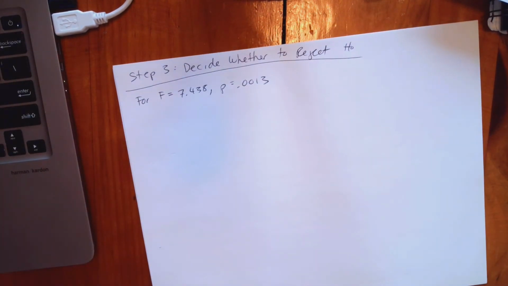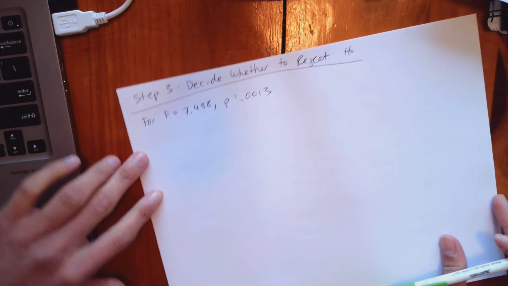In other words, there is a 0.13% chance that we would see an F statistic as large as 7.438 or larger if Black, white, and Asian people had the same mean level of death penalty support in the population.